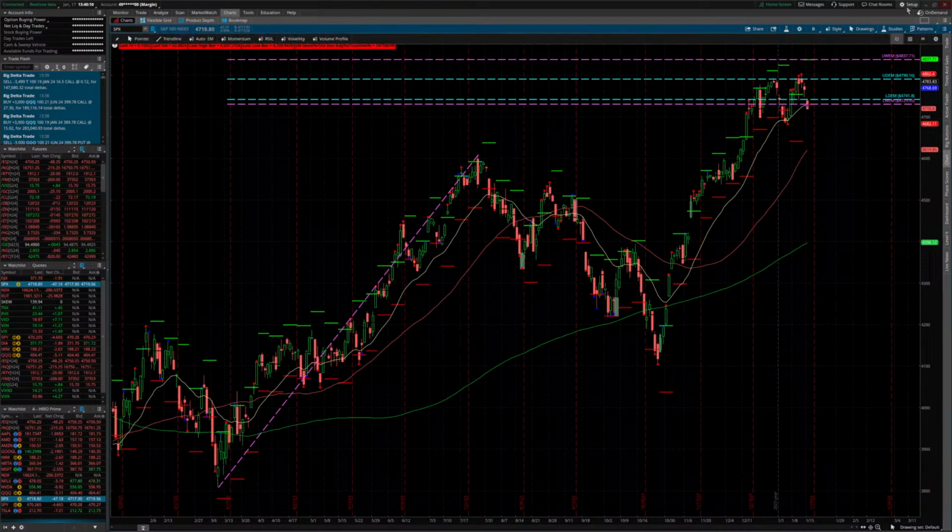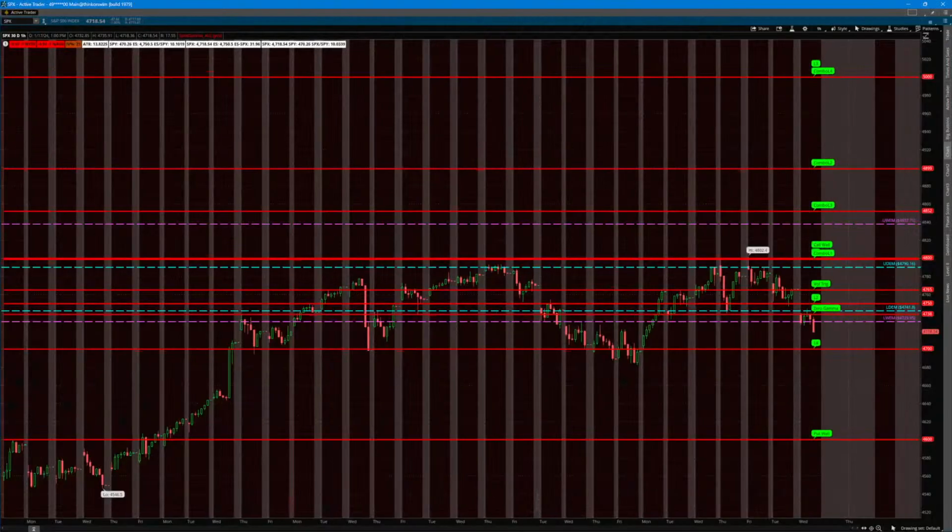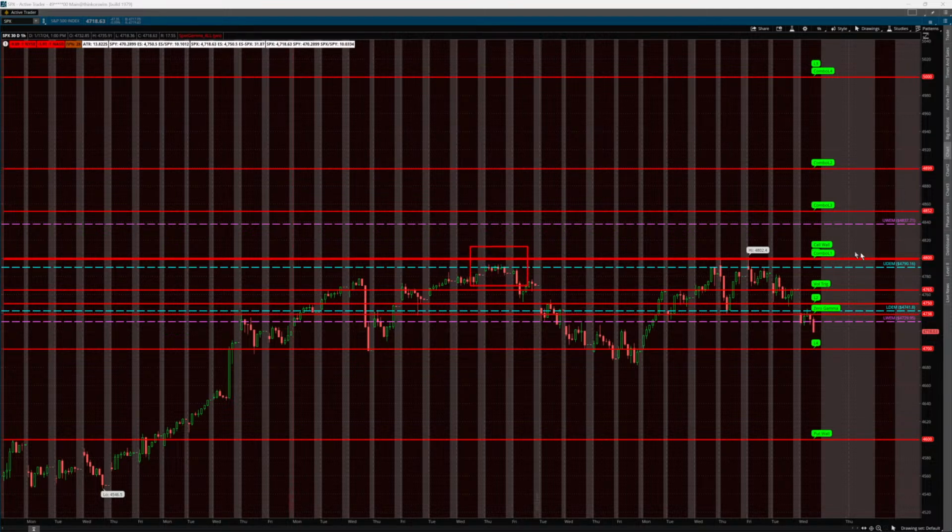All right, let's take a look at, again, SPX. And this time in a 30-day 1-hour chart. So we can see those levels of resistance a little bit more clearly. So this is the 4,800 level right here, acting as resistance just at the end of last year.